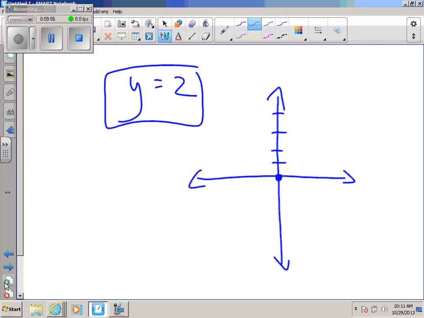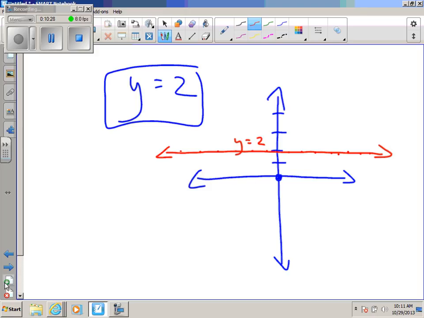Is there any x value there at all? It doesn't matter as long as y equals 2. Where is 2 for y? Y equals 2. The y value on any of these points is always going to be what? 2, just like they're asking.